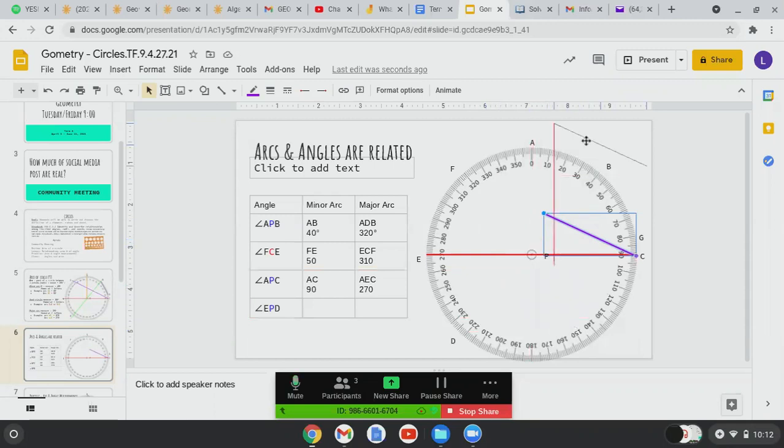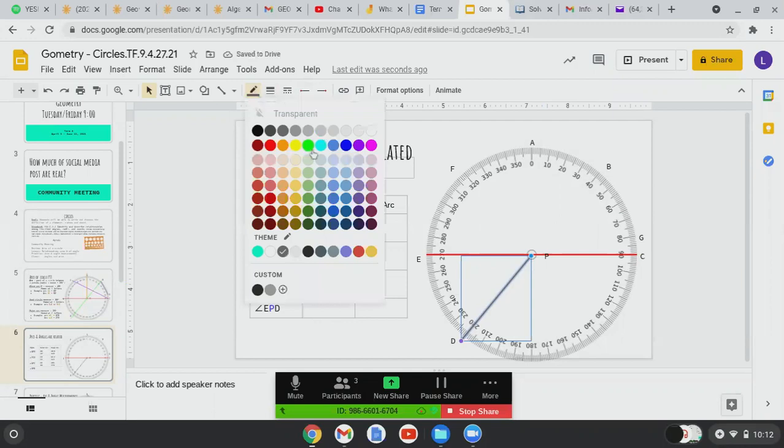Let me take that out. I'll just draw another line. That's easier for me. Okay, EPD. And we are going to make it a little thicker. Let's make it blue.